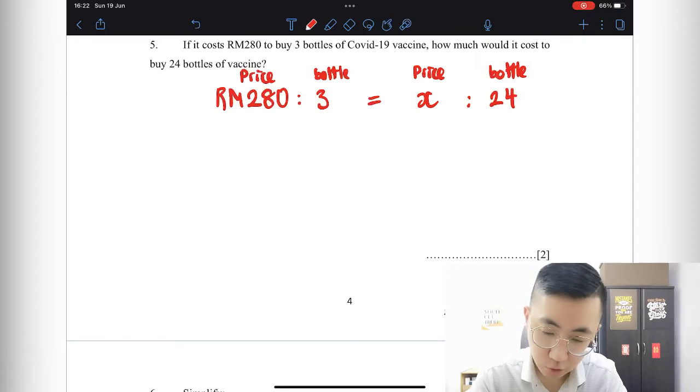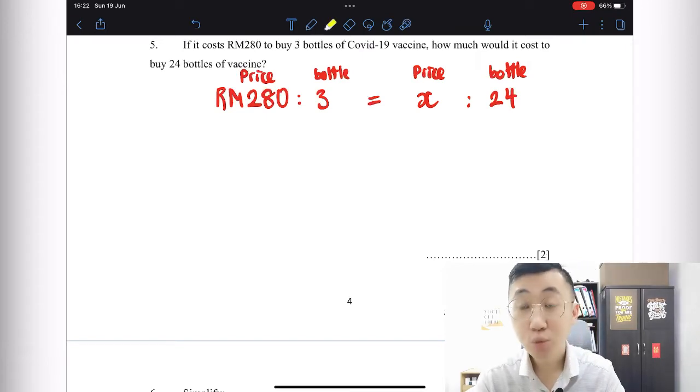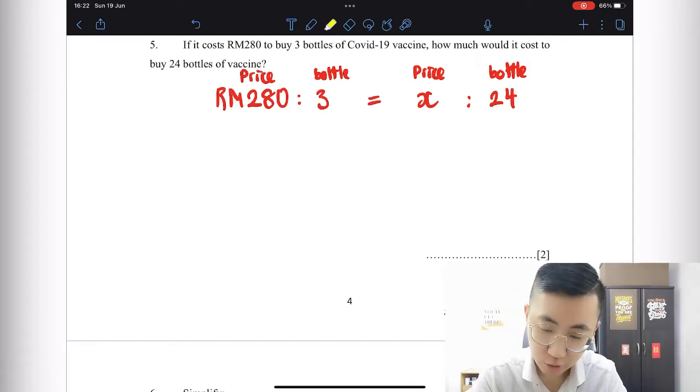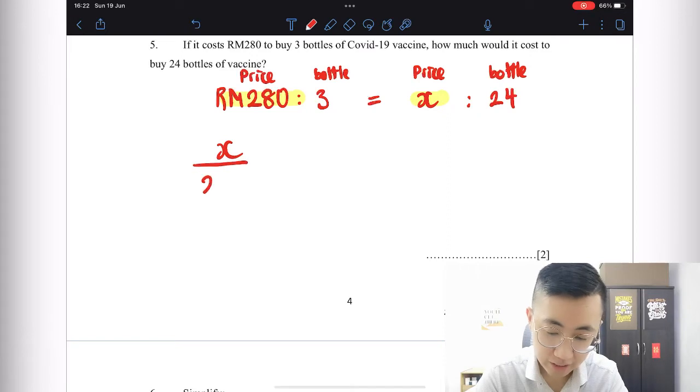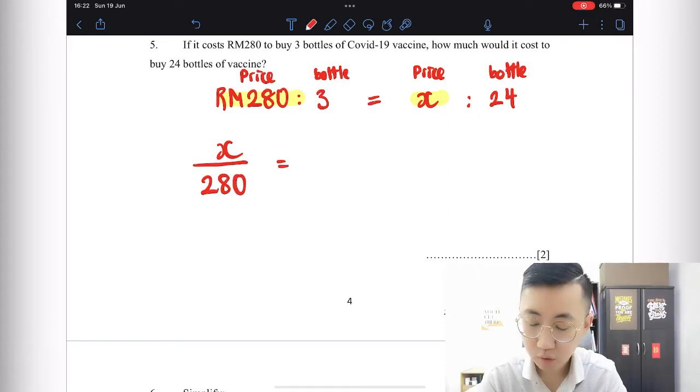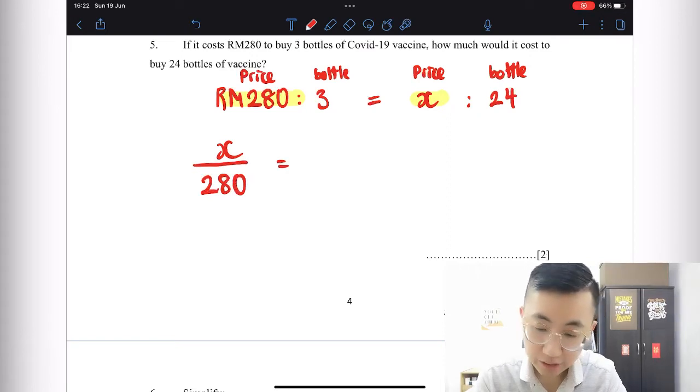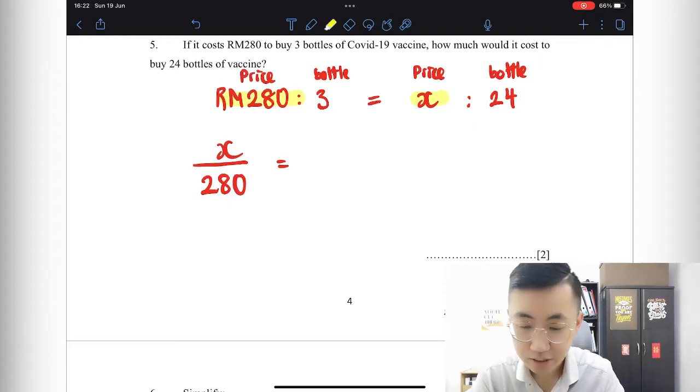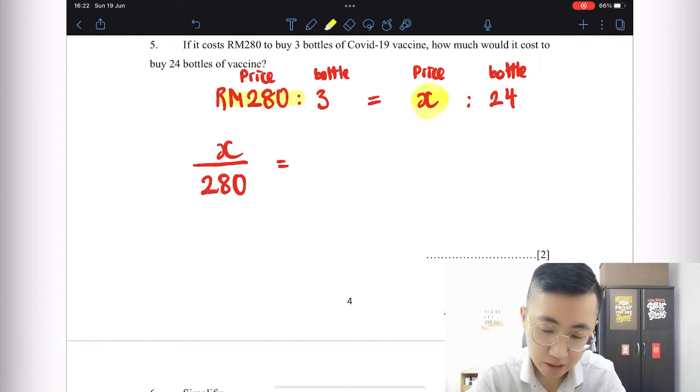Okay, so follow the technique. I want you to put price over price. So you take X over 280. So let's start. X over 280. Put the equal sign. Now, just now you were taking X, which is on the right hand side first, right? This is right hand side over the left hand side.